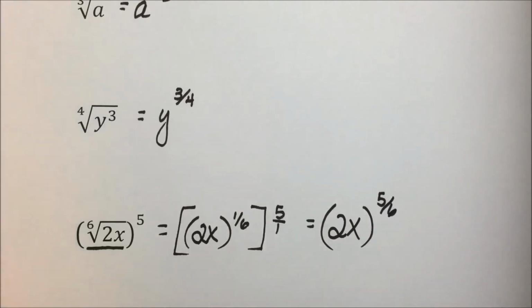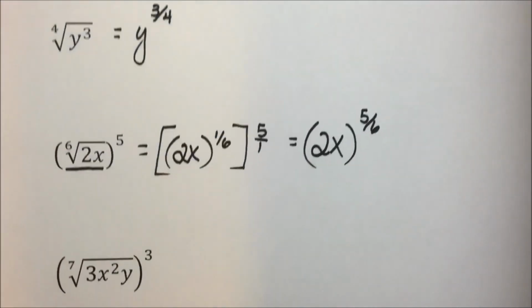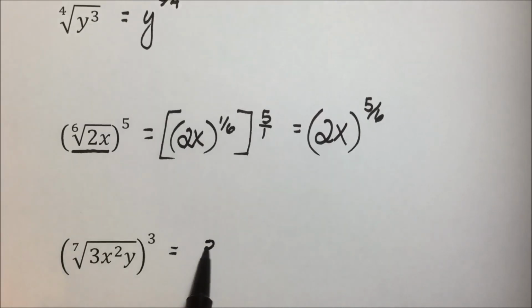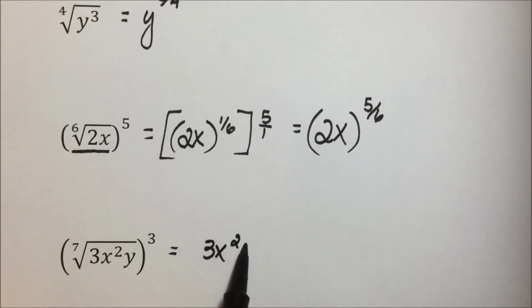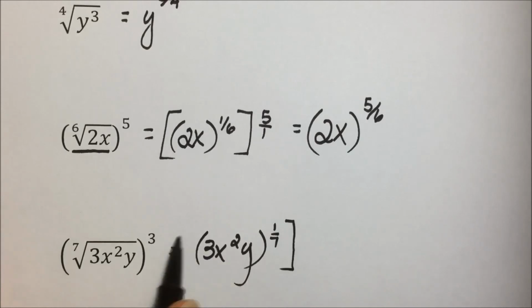And the last example is asking us to replace this radical with exponential notation, and very similar to the last one, we're replacing the 7th root, which means that the radicand will be raised to the 1/7 power.